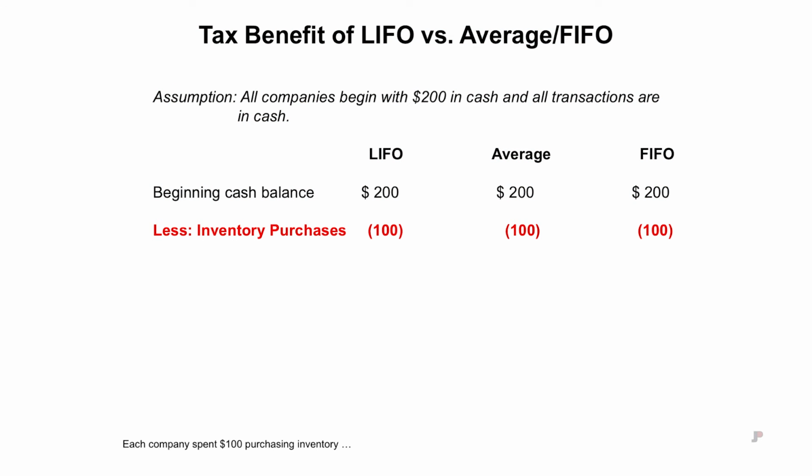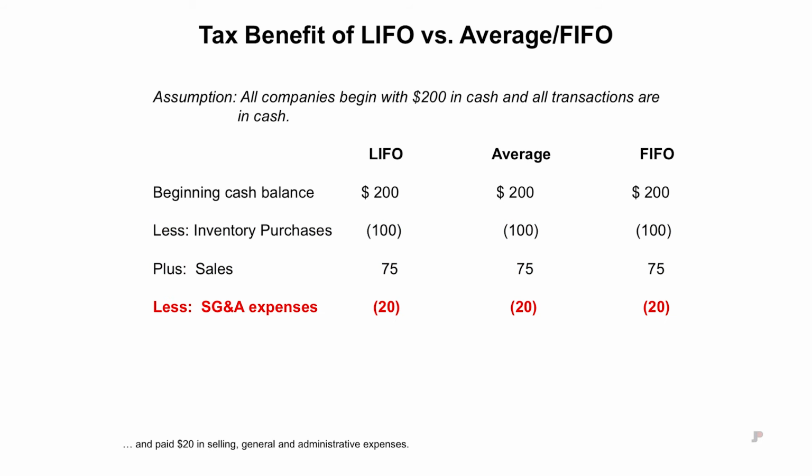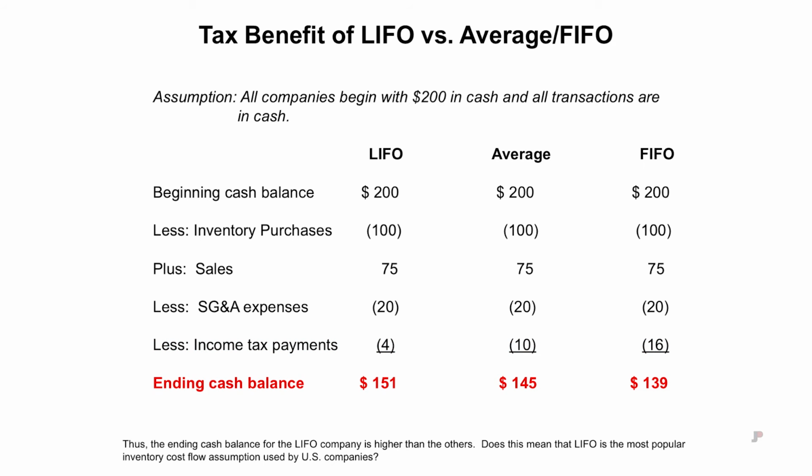Each company spent $100 purchasing inventory, collected $75 in sales, and paid $20 in selling, general, and administrative expenses. The only difference is that the LIFO company only paid $4 in taxes, while the average and FIFO companies paid $10 and $16 respectively in taxes. Thus, the ending cash balance for the LIFO company is higher than the others.